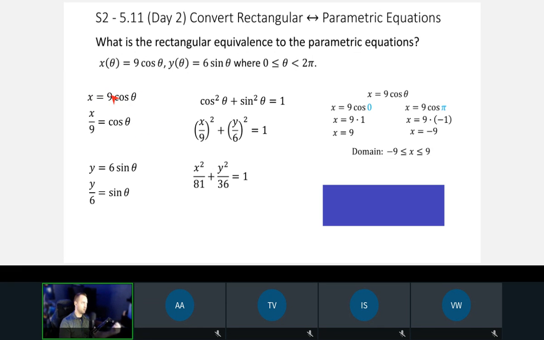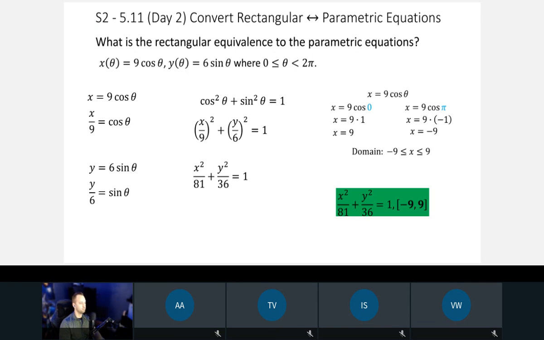So because the lowest x value is -9 and the largest value is +9, that really gives away the domain. So there are different ways to look at this to identify that, or just putting them all together to confirm what we found. So we would write our answer like this: x squared over 81 plus y squared over 36 equals 1. And the domain is -9 to 9.